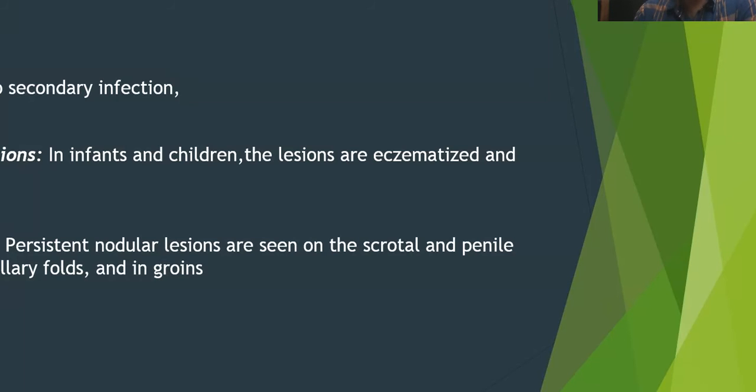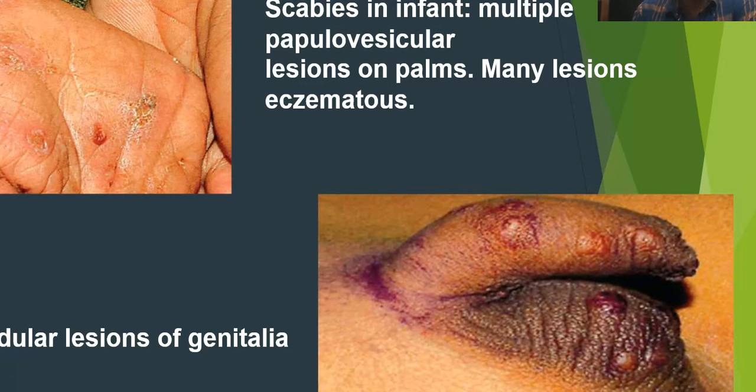On the upper side, you can see the scabies in an infant with multiple papules, papulovesicular lesions over the palm, and with a few crusted lesions as well over the palm.